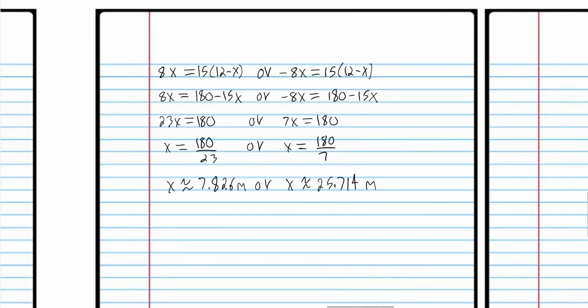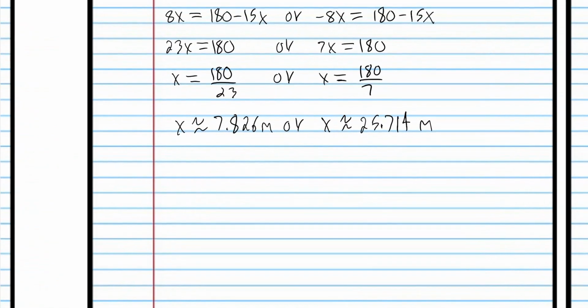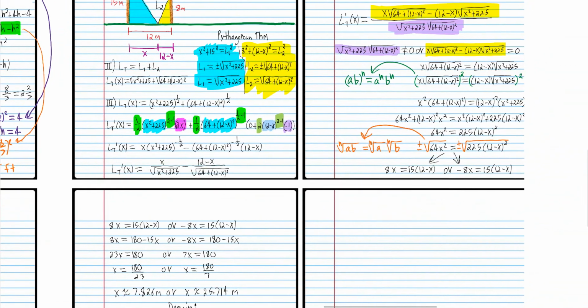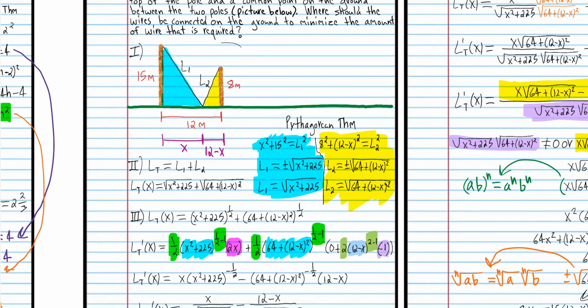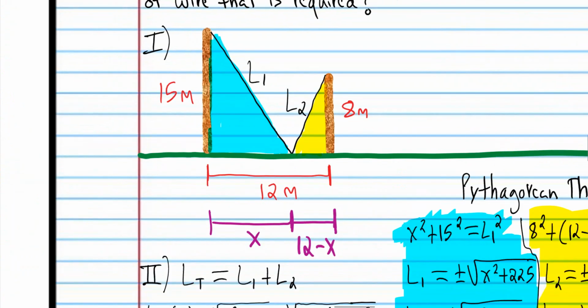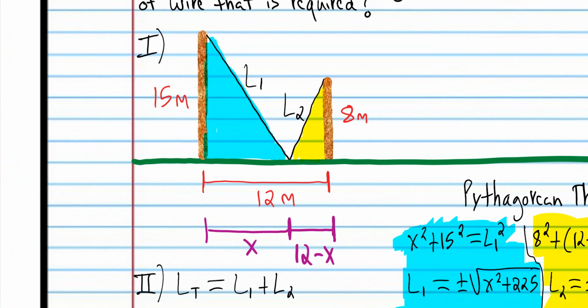Now we need to consider the domain of the function. What are the possible values of x? Well, you need to use a combination of the picture and equations to figure out what the domain is, but this picture is going to be enough for us to find the domain of x. X is this purple number down here, right?